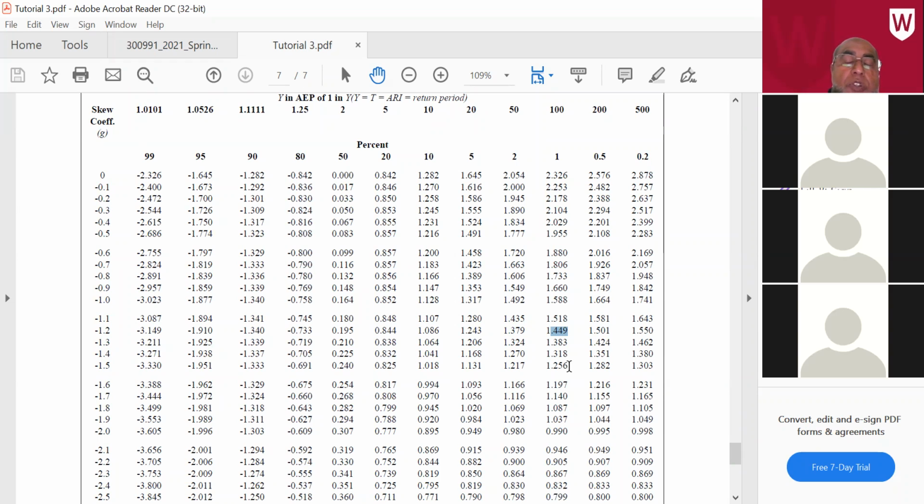If there is no question, I assume that it's clear to everyone, because I am taking the skewness of the log data and the return period from here, and then finding the corresponding values. So our KT should be close to 1.379 because our skew is 1.2.